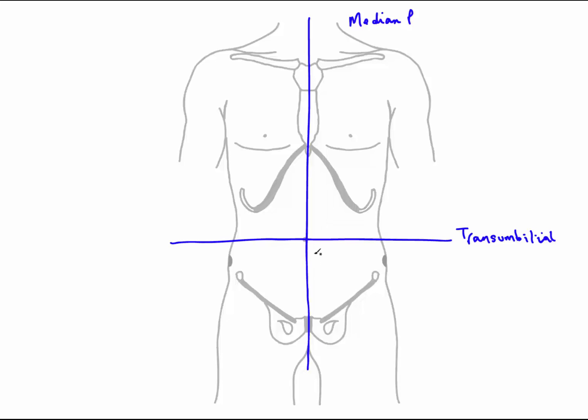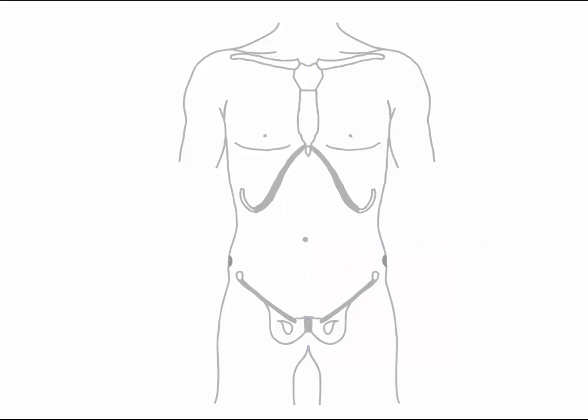We have an upper right quadrant, an upper left quadrant, a lower right quadrant, and a lower left quadrant. So by using the median plane and the transumbilical plane, we can divide the abdomen into these 4 quadrants.